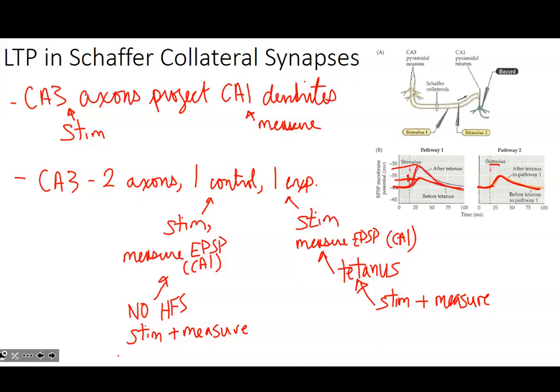This is the beginnings of what we'll come to call long-term potentiation. Now, of course, how long does this last? That's the next question. But we see this enhancement, right? We see this increase in signal strength here after tetanizing one of these neurons in CA3 that has an input to the CA1 dendrite.